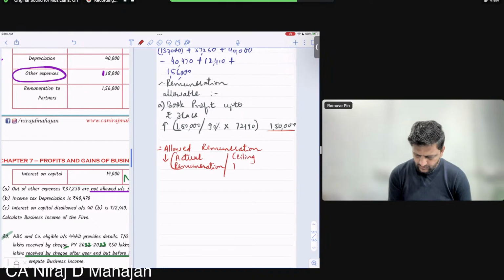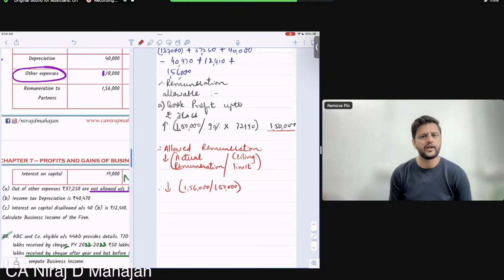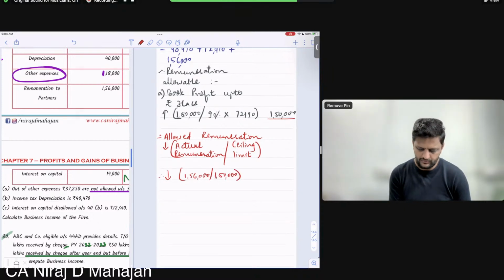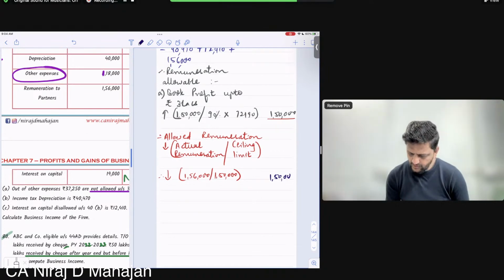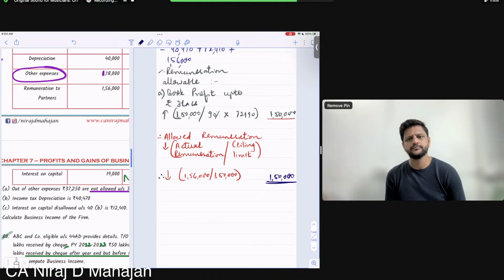Actual remuneration 1,56,000. Ceiling limit 1,50,000. How much do we allow? 1,50,000. Fine till here?